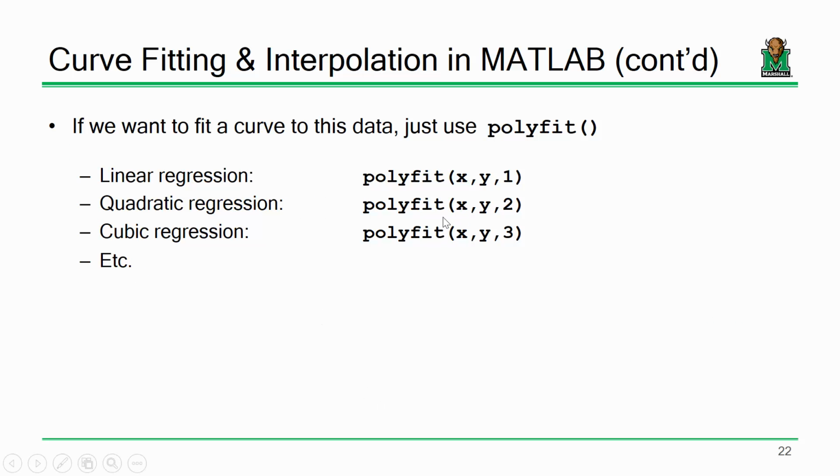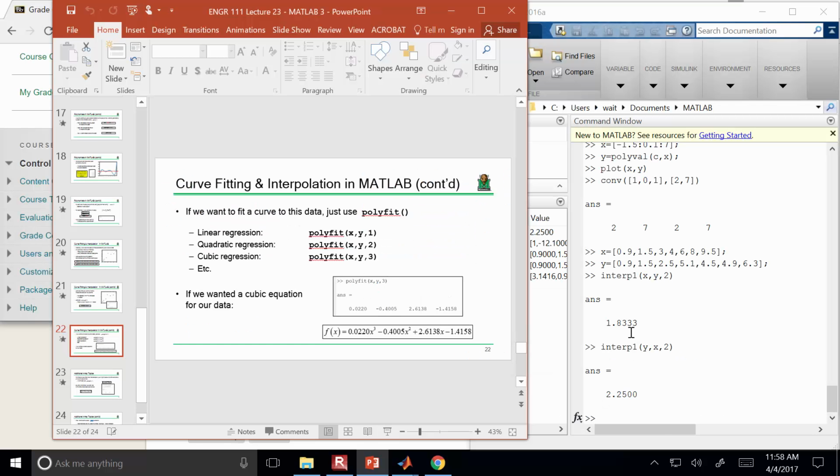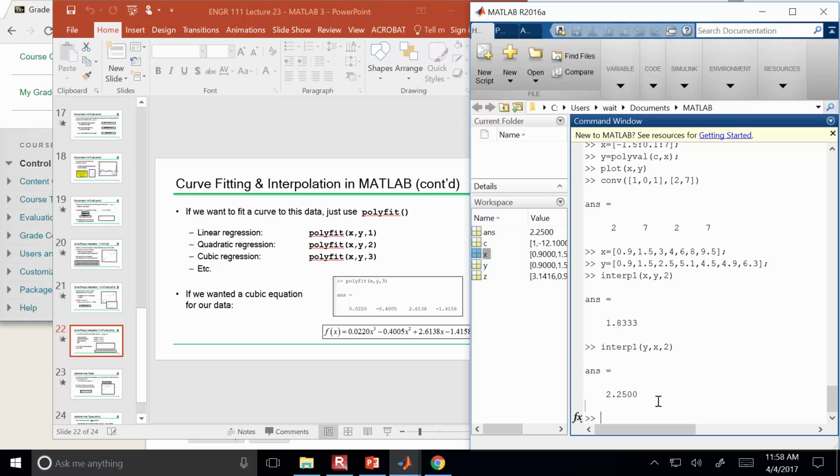Now, if you want to fit a curve, you can use polyfit. And you remember that when we were working in Excel, there were different options for what the line should look like. It could do a linear best fit regression, quadratic, cubic, and so on. So for the data that we've already defined, if we wanted to know what the equation is, and it's a cubic regression, then what we could do is polyfit.